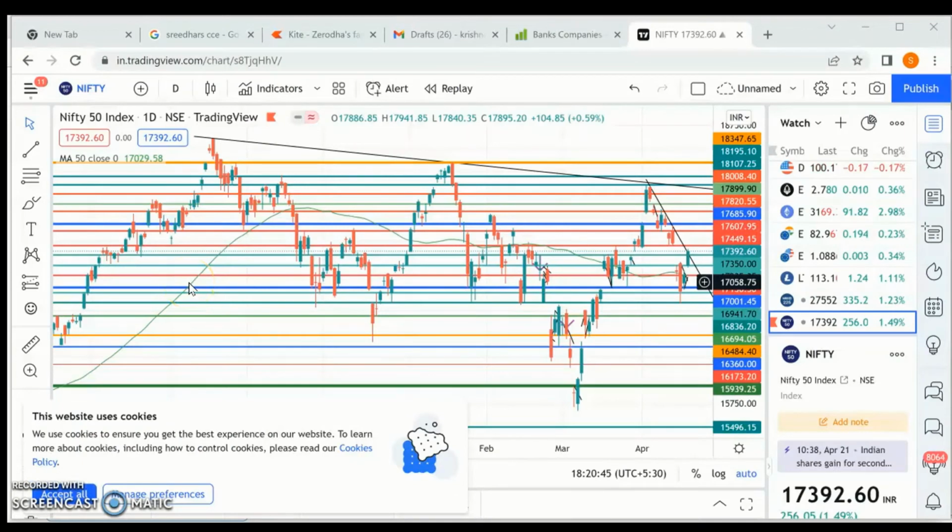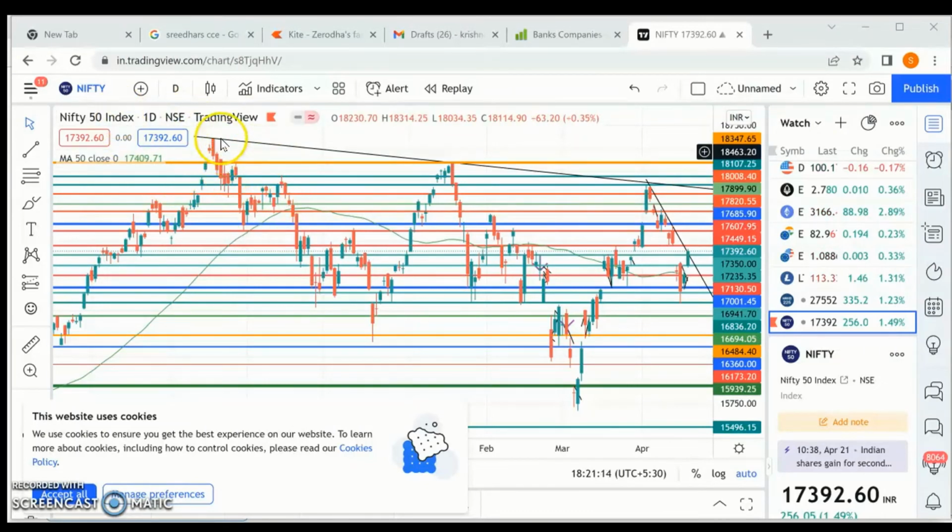If you see the chart, any chart, if you choose one stock, that stock's trend is either uptrend or downtrend. You need to identify that first before investing. Generally, I'm using TradingView for charts.